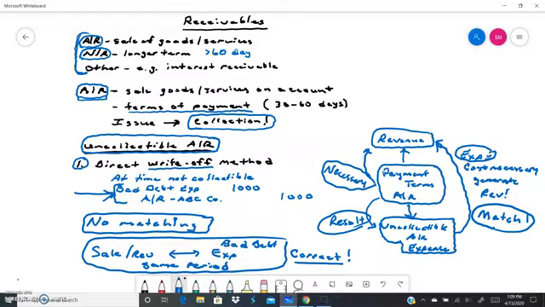And that's what GAAP says we need to do. GAAP says we need to match, anytime we have a sale, we need to match it with a bad debt expense, because ultimately some of those sales, some of those receivables associated with those sales are not going to be collected. So we're going to come back and talk about the other method we're going to use to record the bad debt expense in the period in which we've generated the revenue.